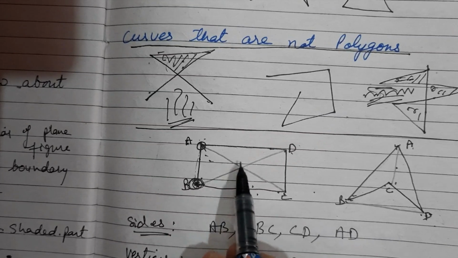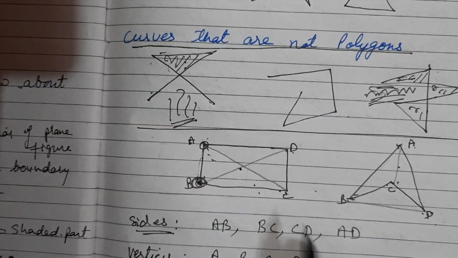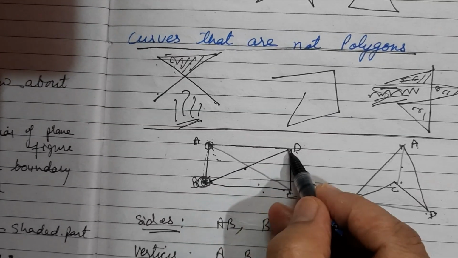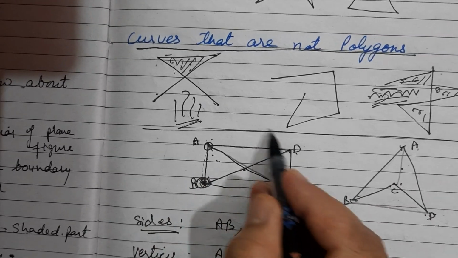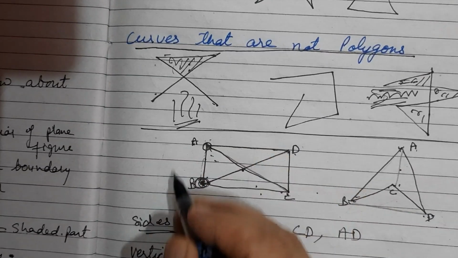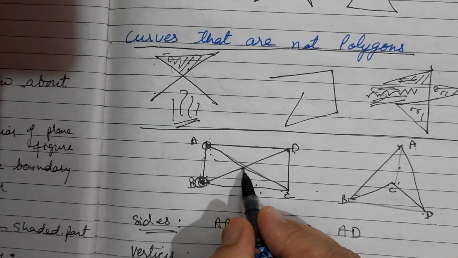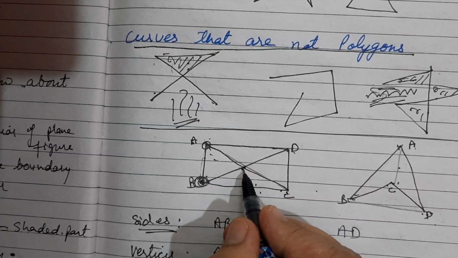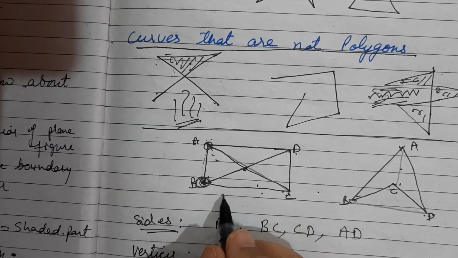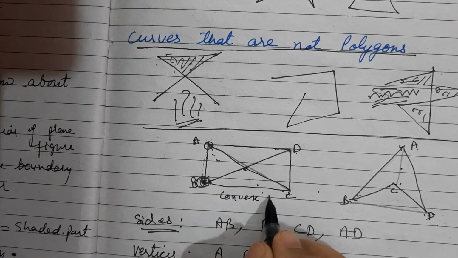In the previous figure, this is the diagonal, this is the diagonal. Both the diagonals are coming inside the polygon. So completely they lie inside the polygon. So this is a convex polygon.